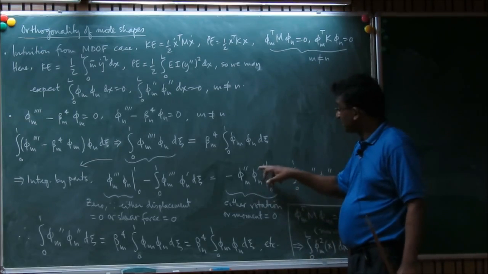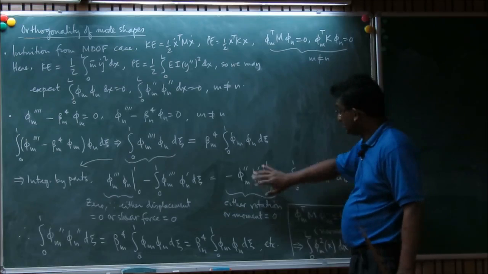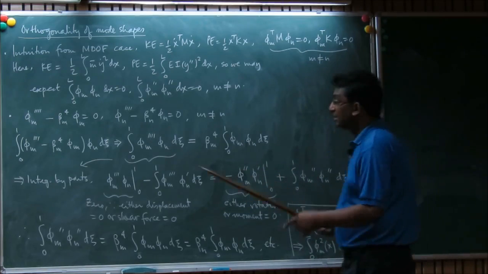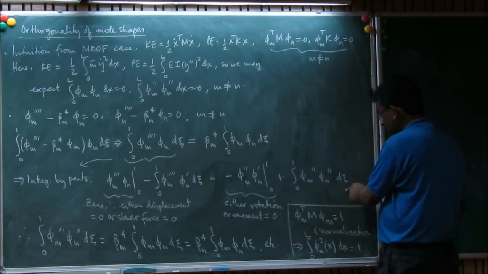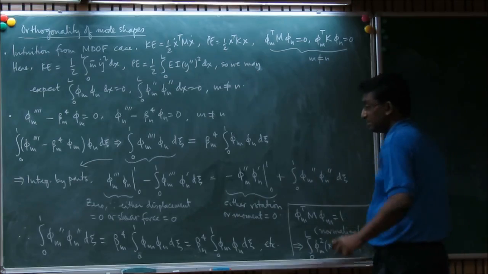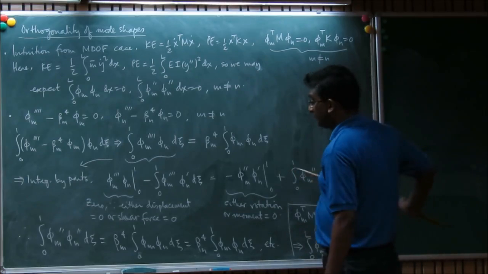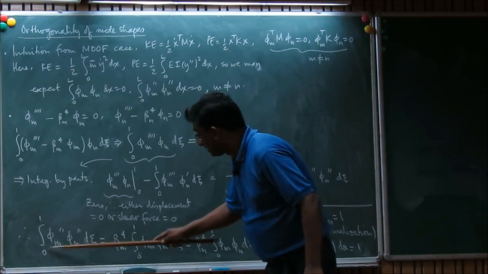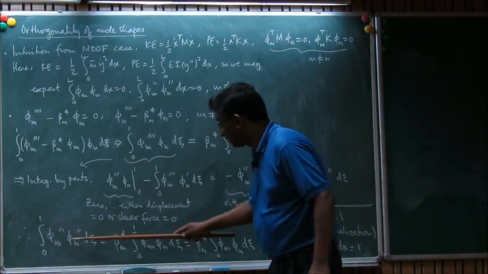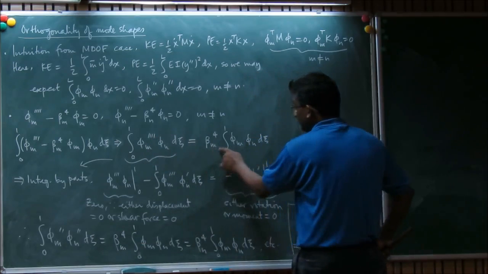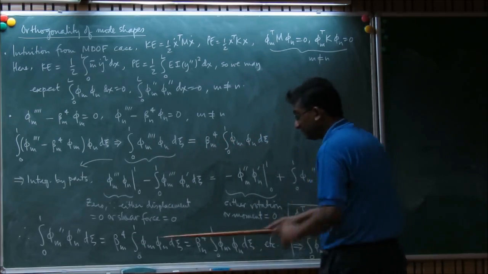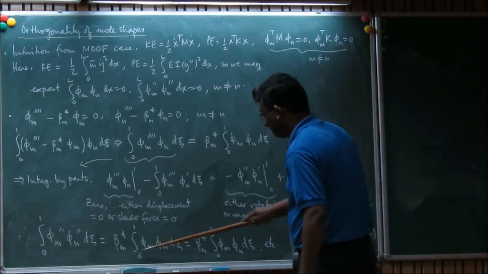So at both ends, either the rotation is 0 or the moment is 0, this term is 0, and therefore this quantity works out to be this integral, the product of the double primes. Therefore, this integral of phi m double prime phi n double prime is equal to beta m to the fourth phi m phi n integrated from 0 to 1.